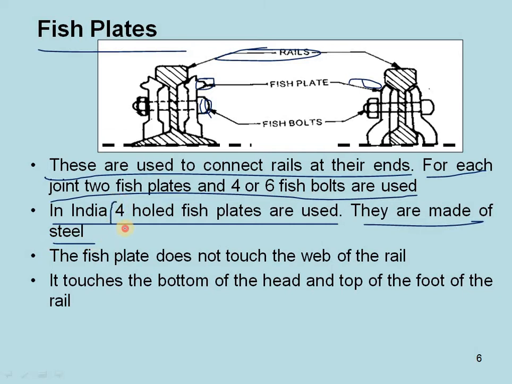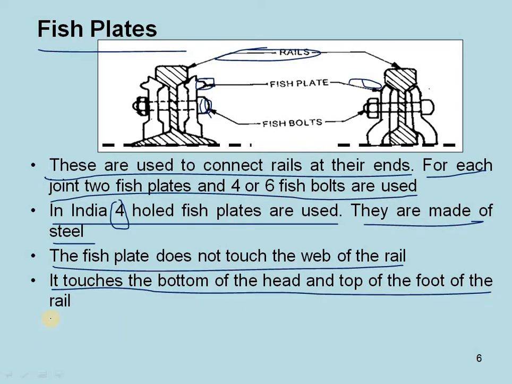The fish plate does not touch the web of the rail; it touches the bottom of the head and the top of the foot of the rail. This is the use of the fish plate.